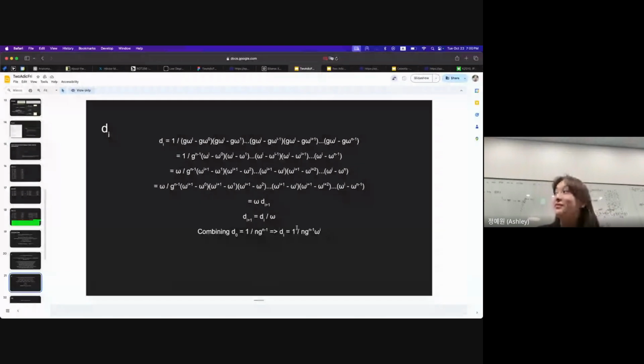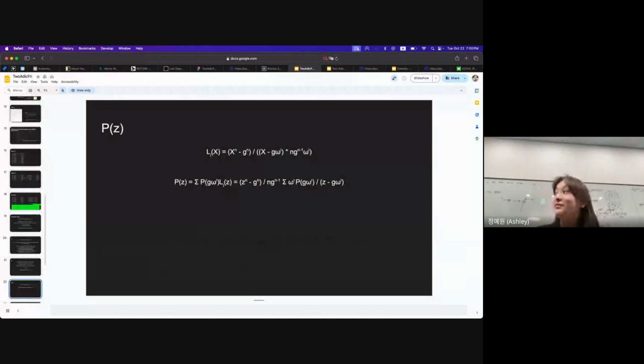On the next slide, there's a polynomial that combines everything together. The large polynomial looks like that. Now we can compute PC.